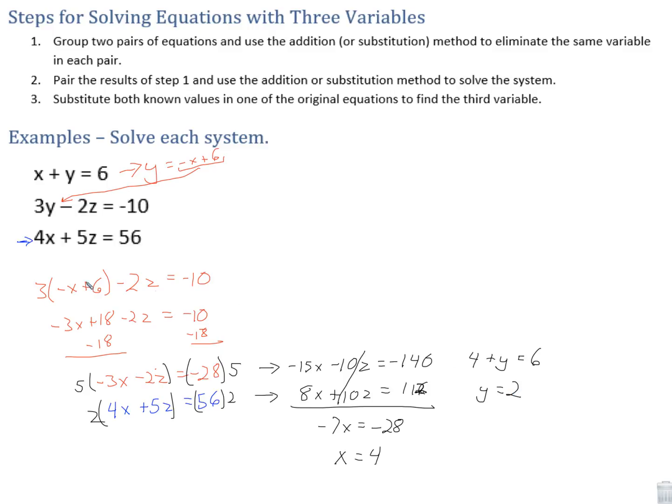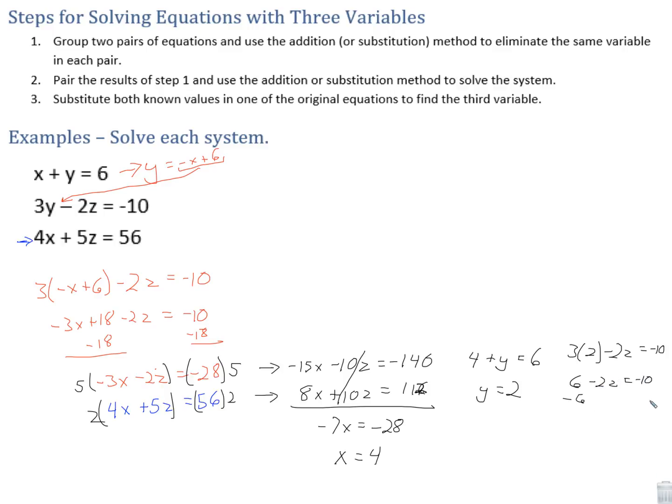We need to find z. We can plug it into either one of these, or we could even plug the x value into here. I'm just going to come up to this one, 3y, which is 2, minus 2z equals negative 10. So 6 minus 2z equals negative 10.